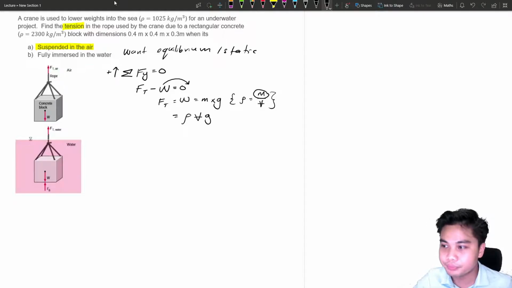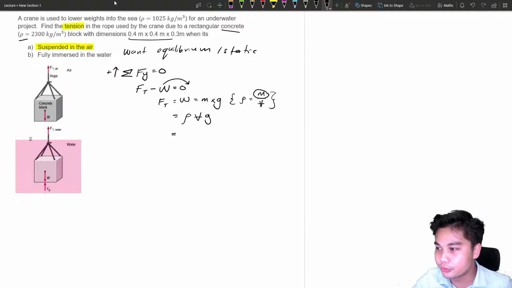For this case, the density of the concrete is given, the gravity we know, and the volume of this block is also given.